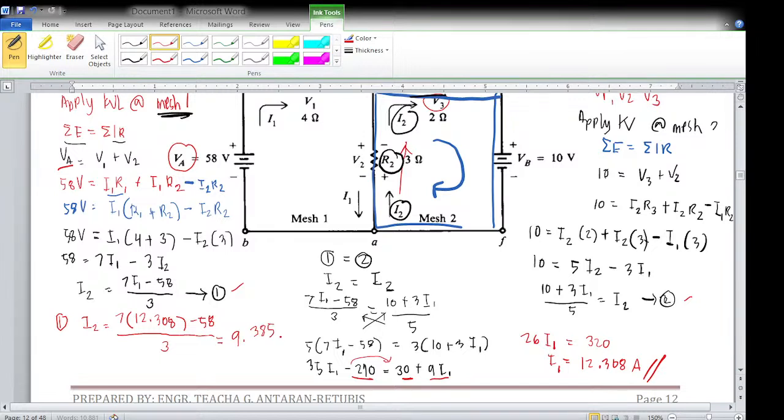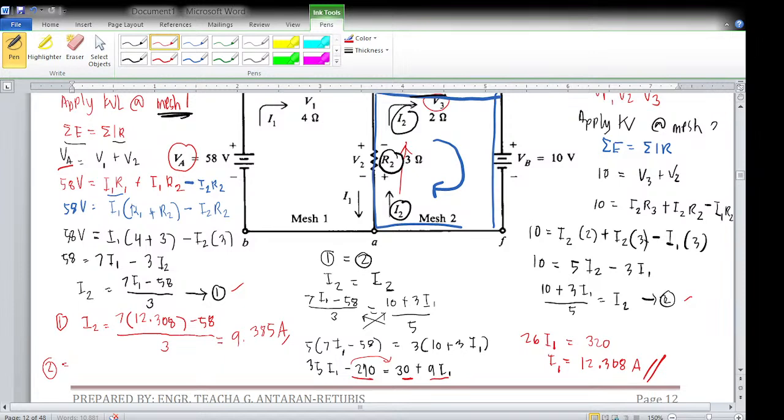Kindly check. Class, kindly check. Tama ba? Tama, ma'am. Okay. What if yung second equation naman yung gagamitin?